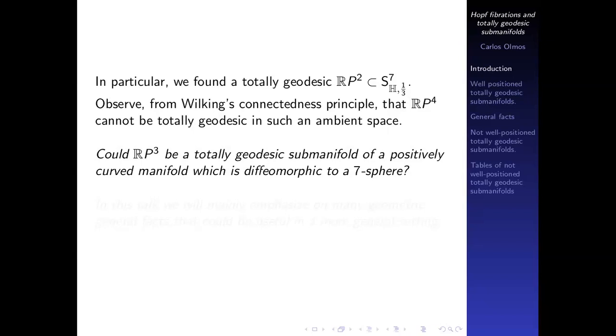This was the first example of such a totally geodesic submanifold in a manifold of positive curvature homeomorphic and diffeomorphic to the sphere. And then the natural question is whether RP3 can be a totally geodesic submanifold of a manifold which is diffeomorphic to a 7-sphere.